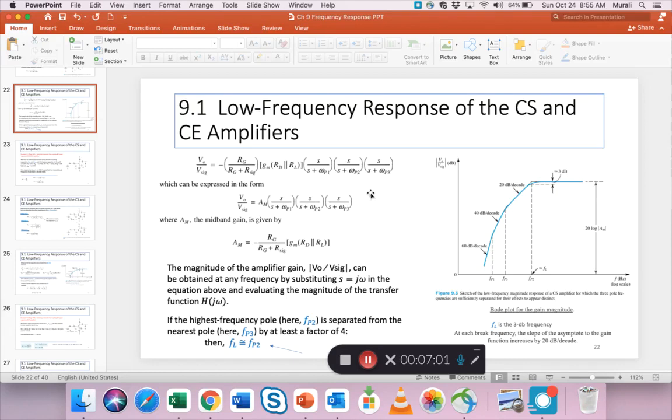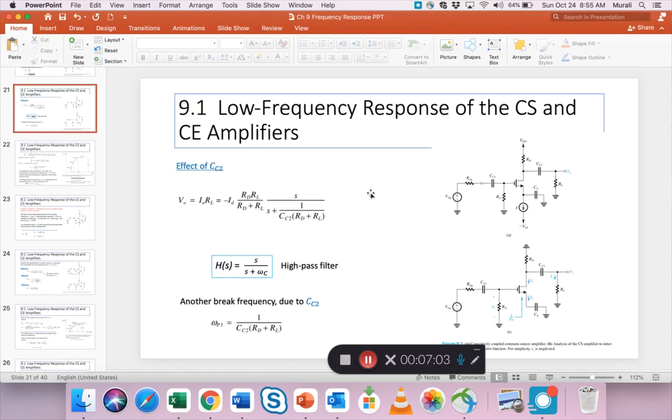Then we also discussed a little bit on the standard form of the high-pass filter and how, with the amplifiers we are seeing here and the 3 capacitors, each capacitor can be found to have one breakpoint.